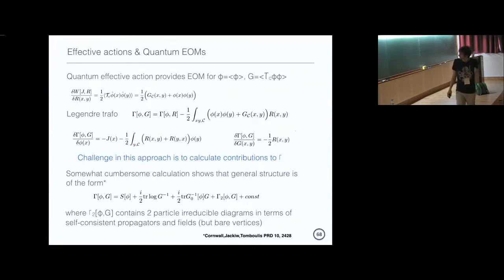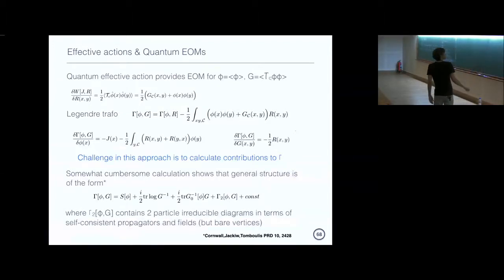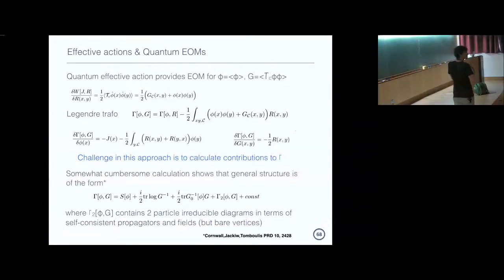Okay. Now we can do a second Legendre transform with respect to that 2-point source. What that will do is eliminate the dependence on the 2-point source and instead give us the contour propagator as our variable. Just like in the ordinary 1-point Legendre transform, we trade the dependence on the source J for dependence on the field phi.